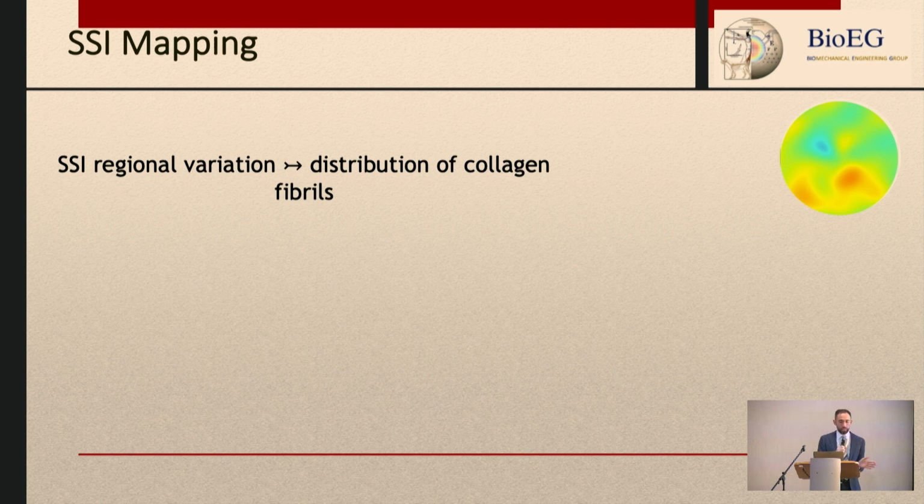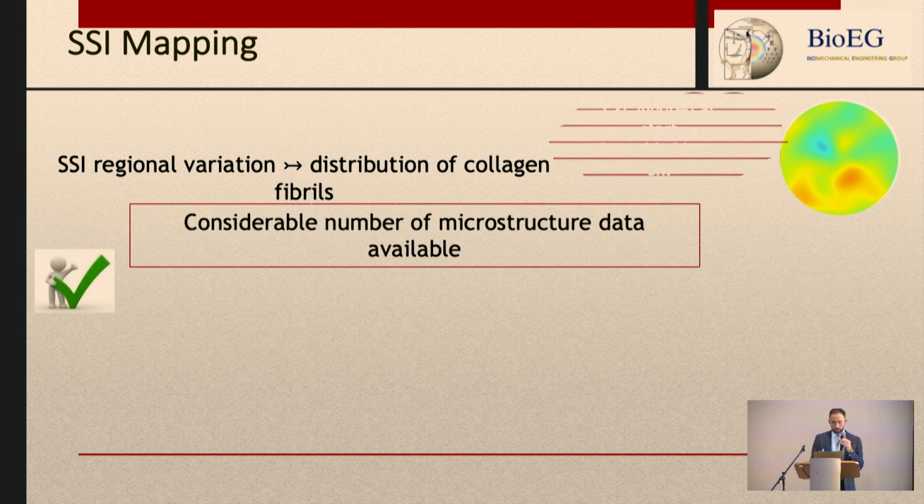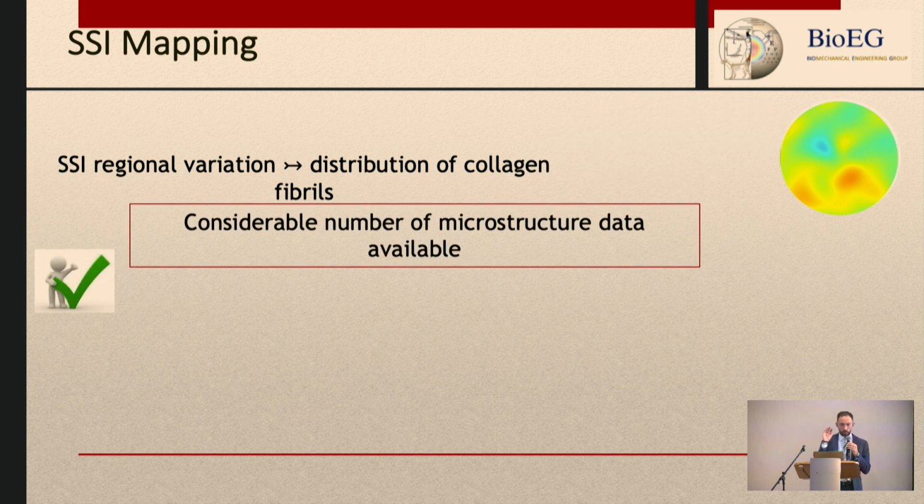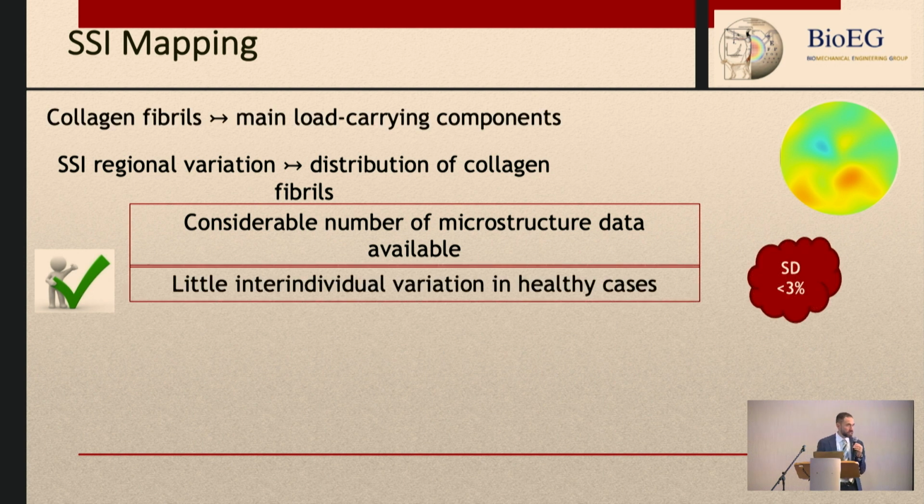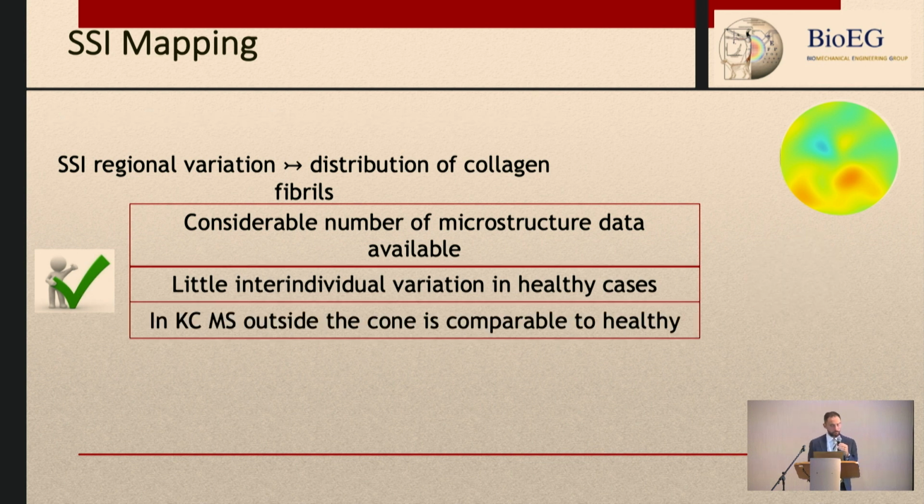We know that stress strain changes in the cornea are related to the distribution of collagen fibrils. This is easy to understand. And we know for a healthy patient how fibrils are placed from X-ray measurement. We know that in healthy cases, the difference is pretty much nothing. It's very similar for everybody, less than 2%, 3% standard deviation. In keratoconus, outside of the cone is similar to a normal patient.